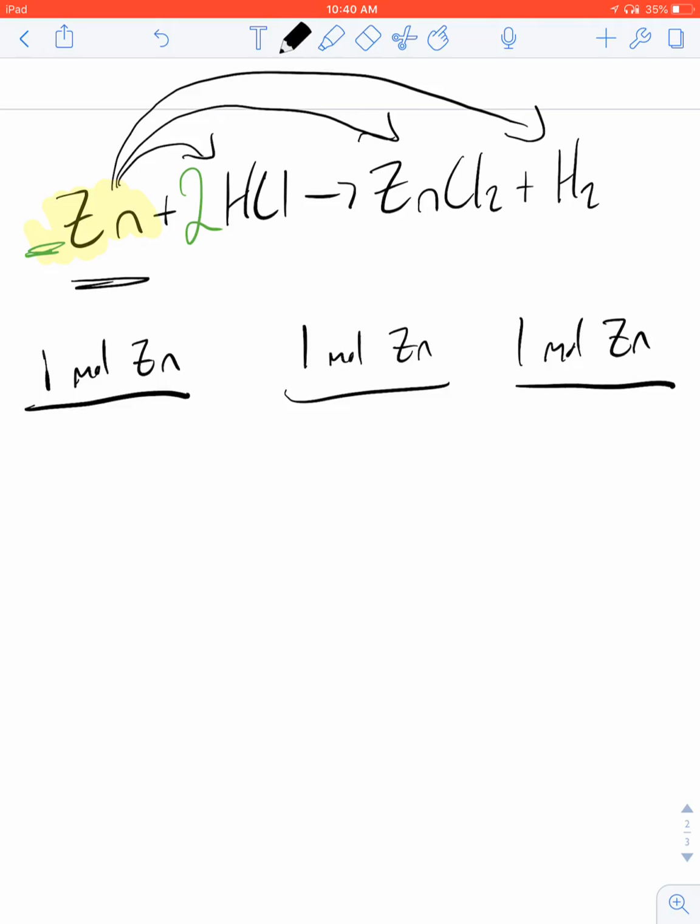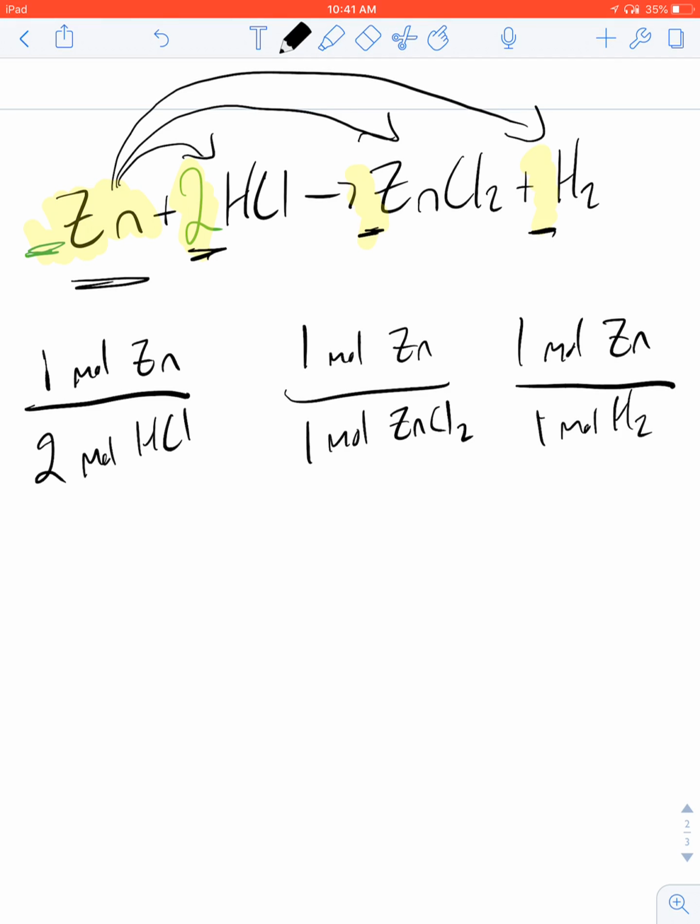Again, we do that by looking at the coefficients of our given components. So for moles of HCl, I look at its coefficient and it's 2. So 2 moles of HCl. For zinc chloride, there's none, so we know that means there's really 1. And the same thing goes for hydrogen gas, H2, there's 1 mole H2, and we just made 3 mole ratios there.